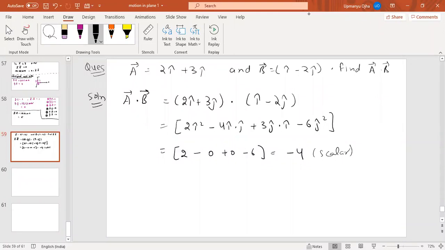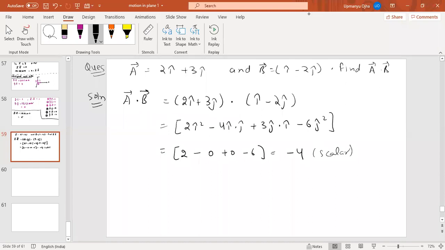So A dot B will be equal to... if you take the modulus of A and modulus of B but you don't know the angle between A and B, then we cannot use the formula A dot B equals mod A mod B cos theta, because you need to know the angle.